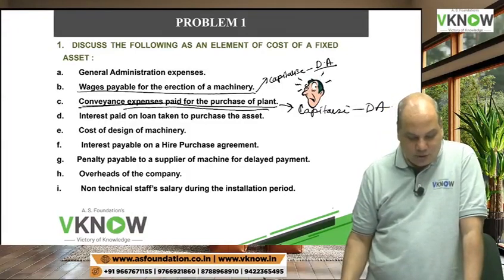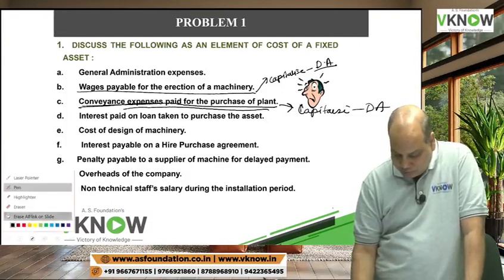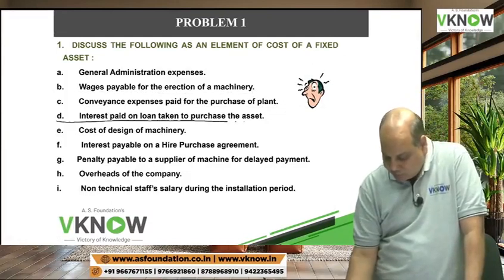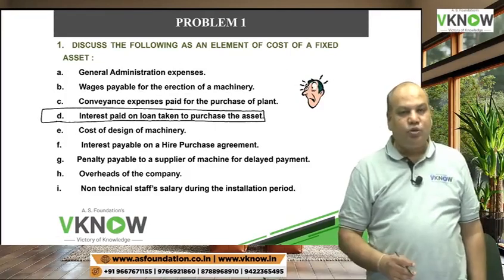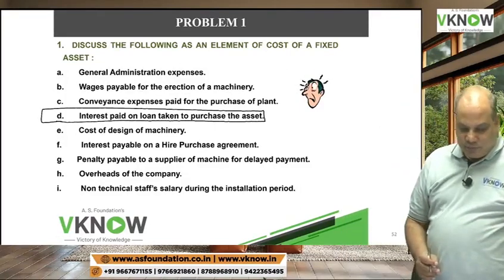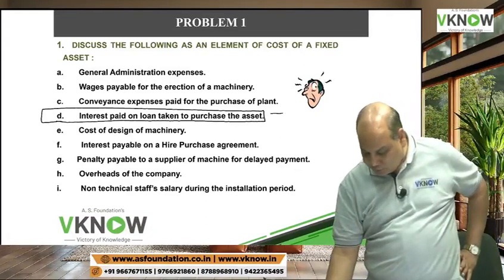Everybody, come on, respond fast. Point number D. Interest paid on loan taken to purchase the asset. So here we will have two answers.